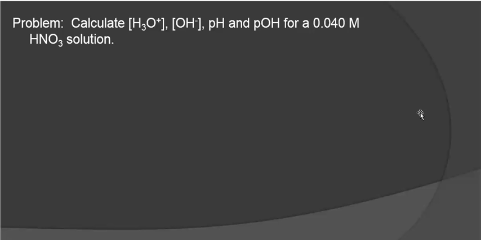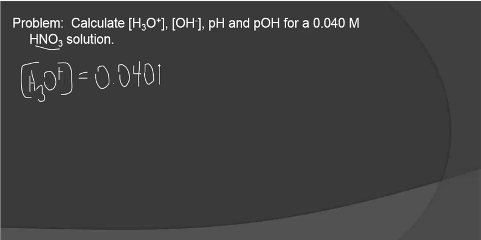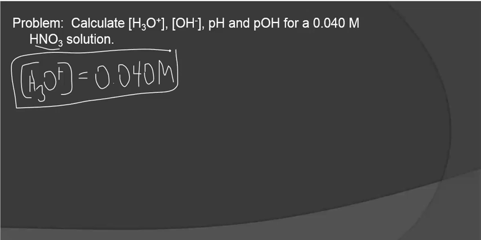So let's look at an example here with a nitric acid solution. This is a strong acid. So if we have a strong acid, I know the concentration of H3O is the same as the acid. So H3O is 0.04 molar. So there's one of the quantities that I needed to find.